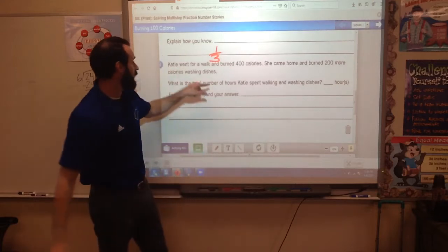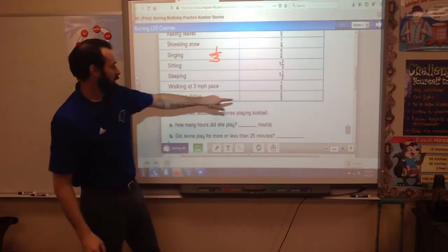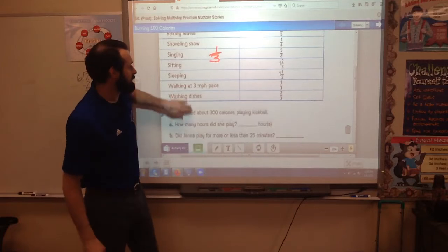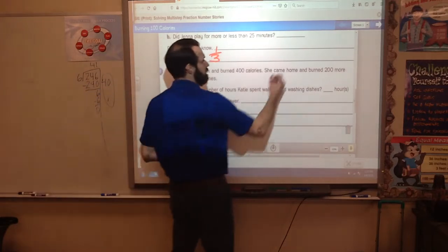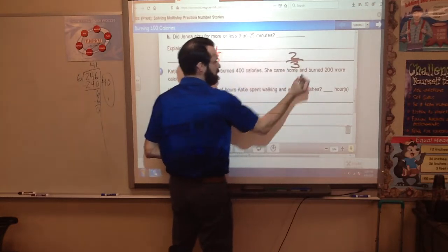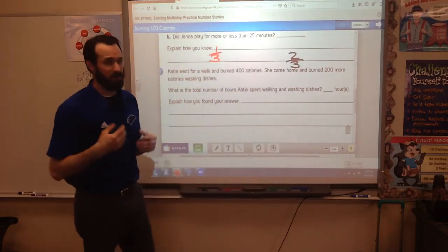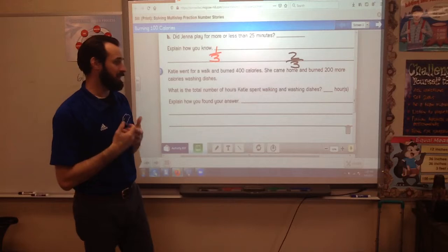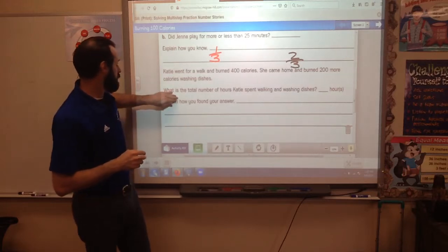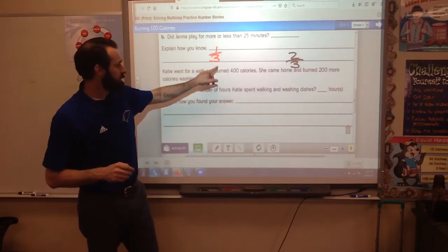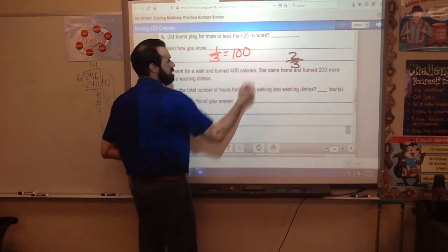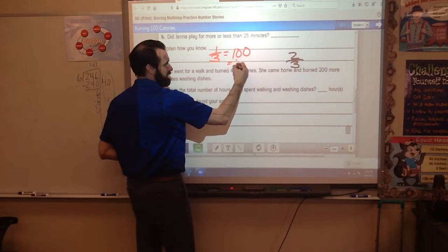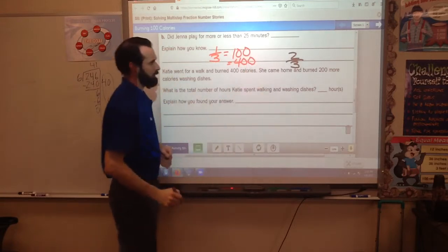We also need to figure out washing dishes. It takes 2/3 of an hour to burn 100. So this one, our fraction is 2/3. We're going to have to do 2 problems here because we want to know time. The first one is if it takes 1/3 to burn 100, how much would it take to burn 400?